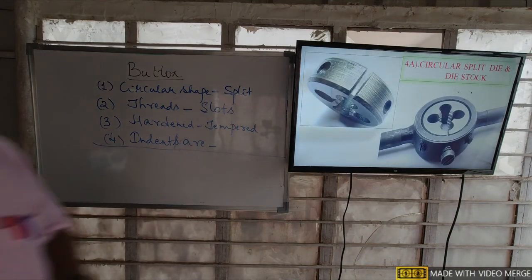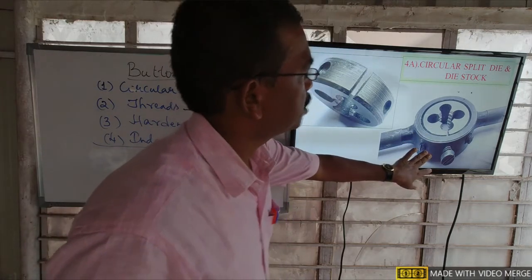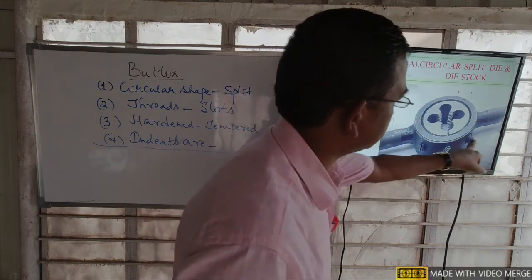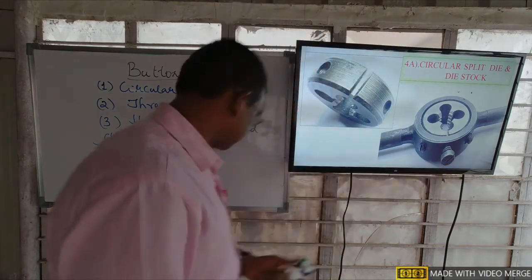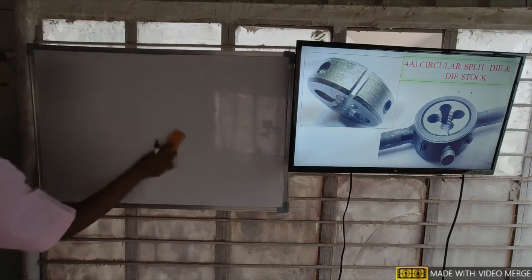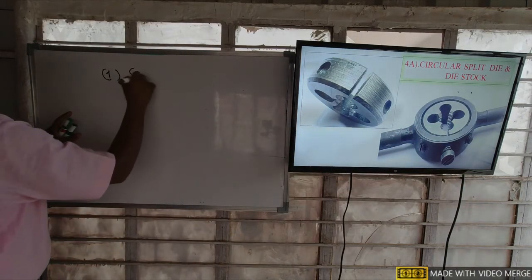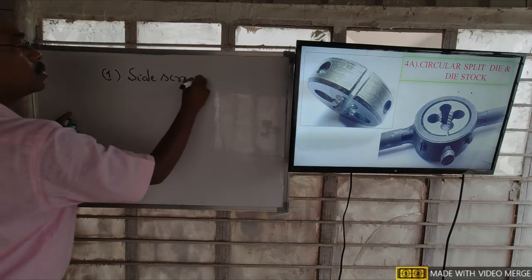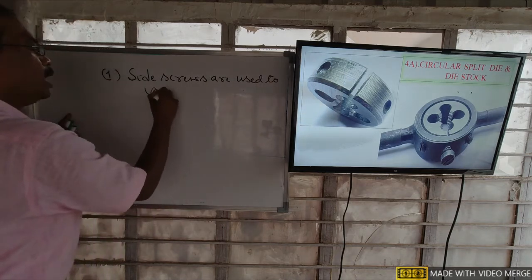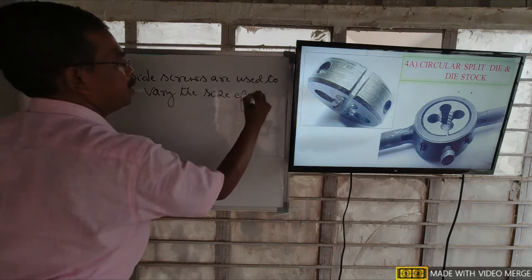See, this is the die and this is the assembled die and die stack. So when we are using this die, we can fix this by using the side screws as well as this center screw. These side screws are used to vary the size of the die during dyeing.